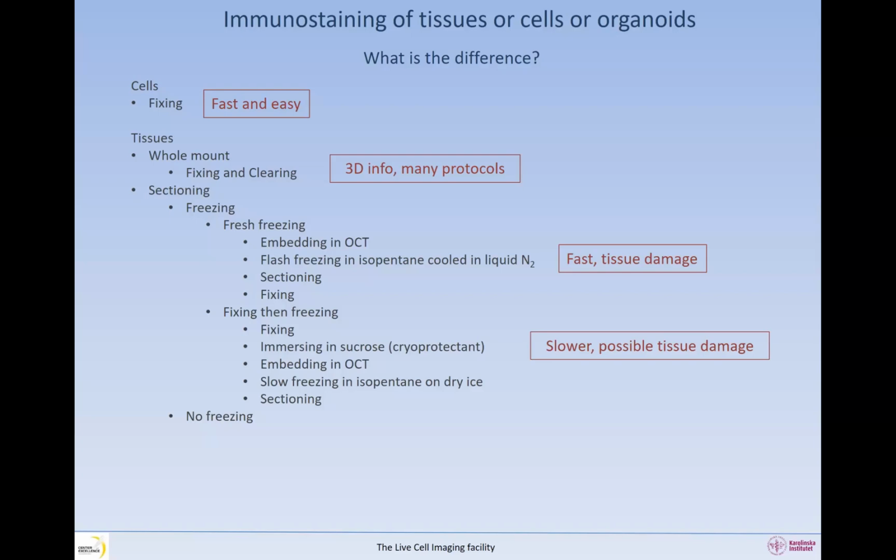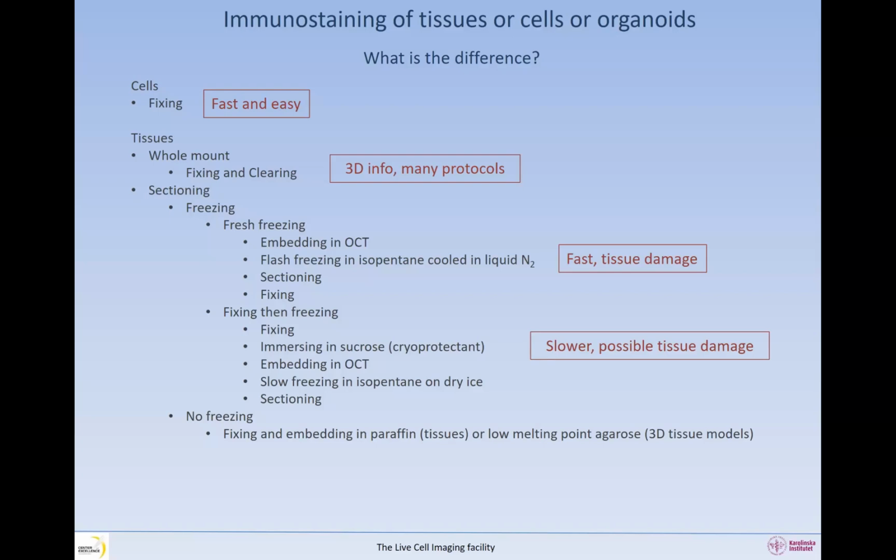The second way to produce samples for sectioning is without freezing, and in this case, you will first fix your tissue, after which you will embed it in paraffin or low melting point agarose.